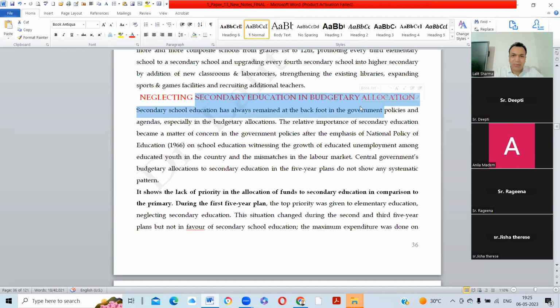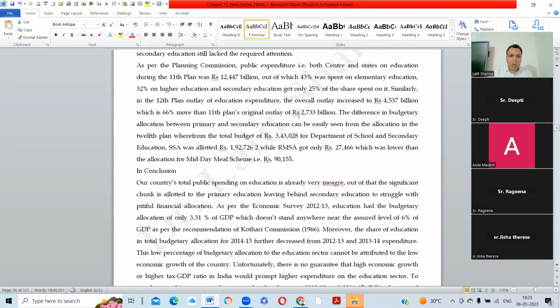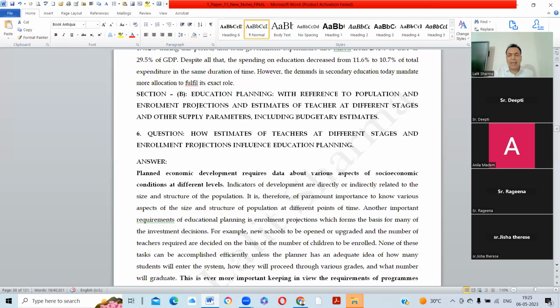I have discussed why we are neglecting it: a secondary education student will only come when he clears primary education. We were not achieving the primary education aim, so secondary education had no meaning. Under these questions you have to talk about how we are neglecting secondary education.